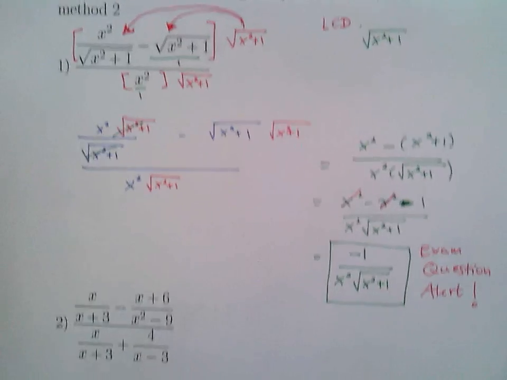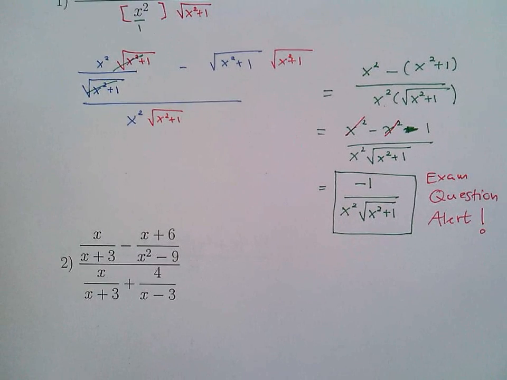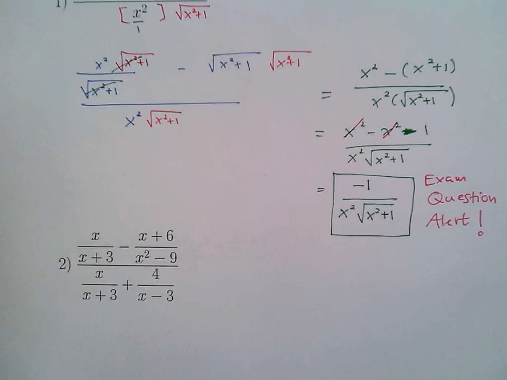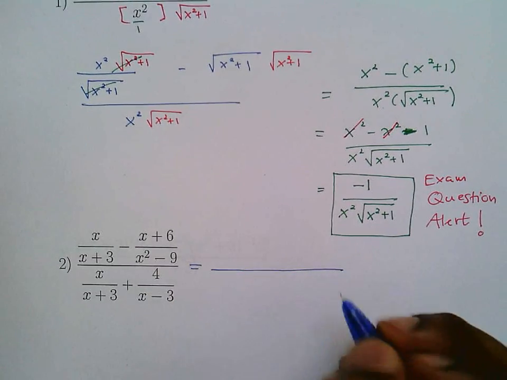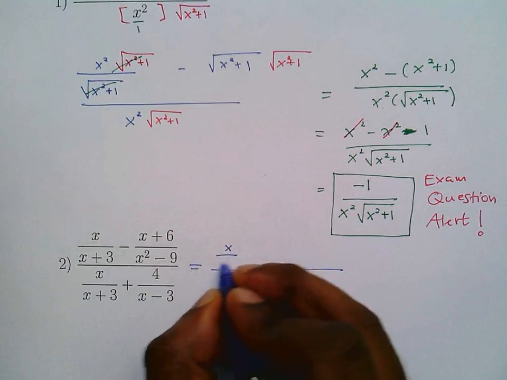Okay then, so let's do the next one because we need more examples. I'm going to write this slightly differently, just factoring the top so that I can see what the least common denominator is.